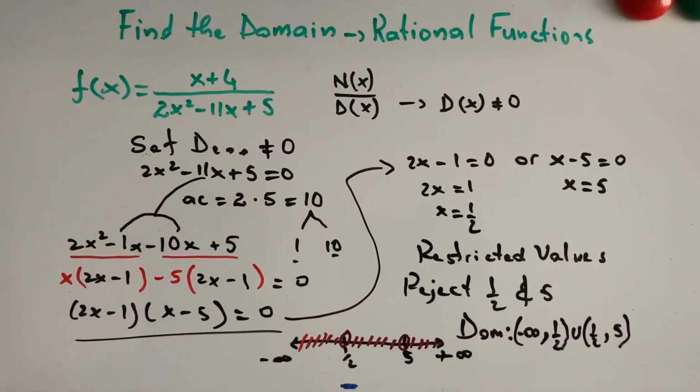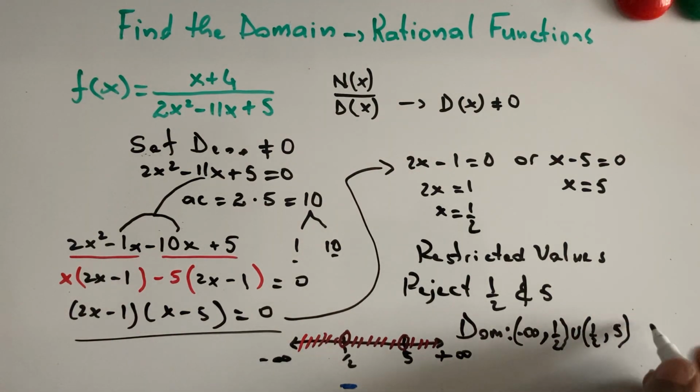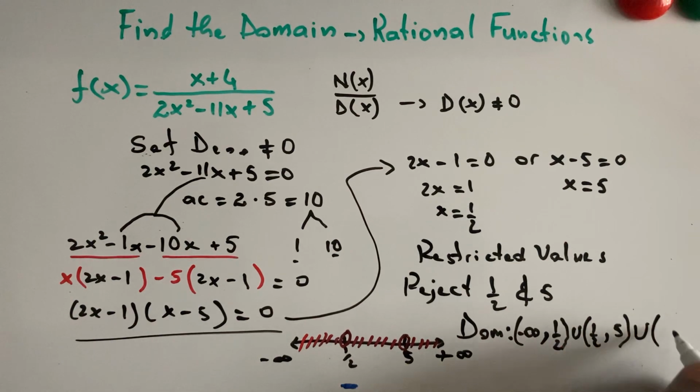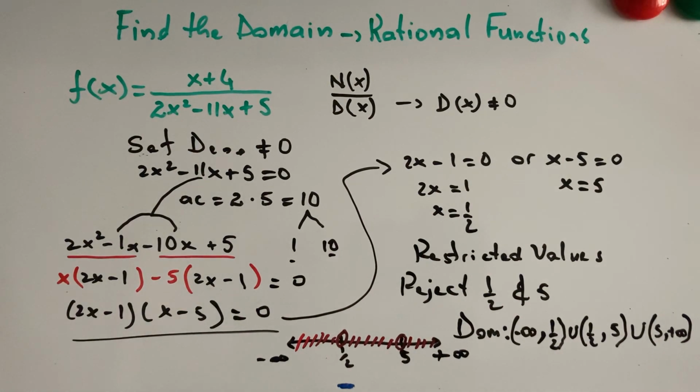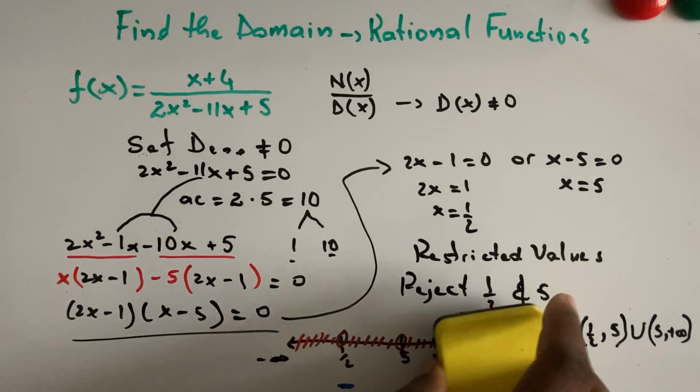I rejected it, so I'm going to use parentheses. Union again, from 5 to positive infinity. Okay, that's it. So this is the domain. This is what you do when you're about to find the domain of a rational function.